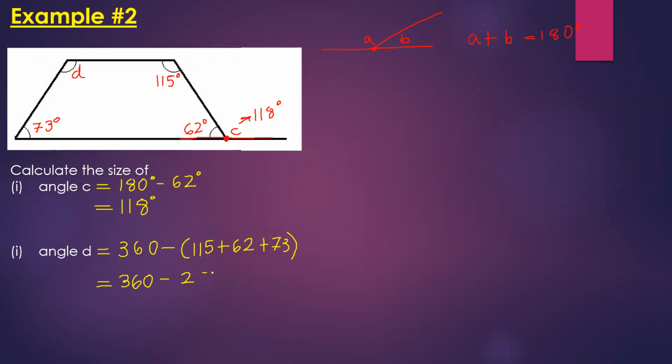And Divine, where's Divine? Yes. What is 360 minus 250? It's 110. Very good. 110.